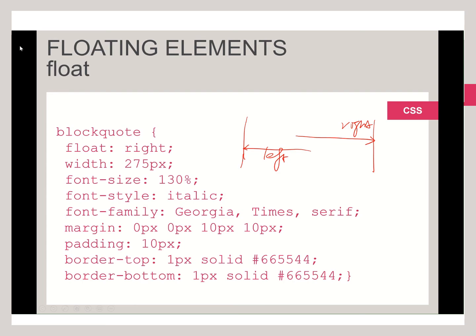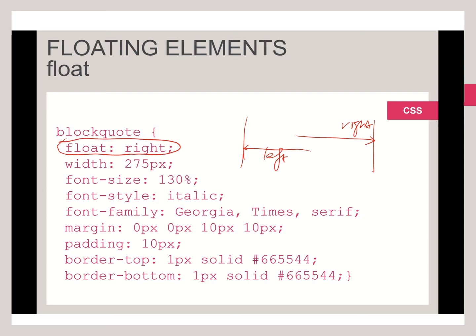Here we use a blockquote. That means we want to show quoted contents in a block, separated from other paragraphs, with a different appearance, kind of an enhancement. And then for this one, we define its layout. Use float to the right.